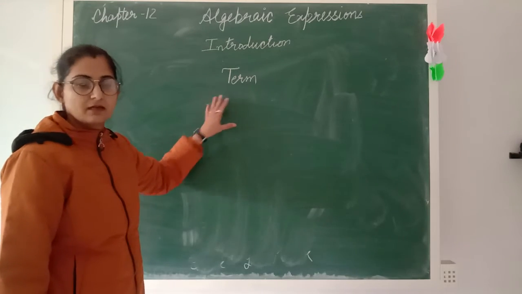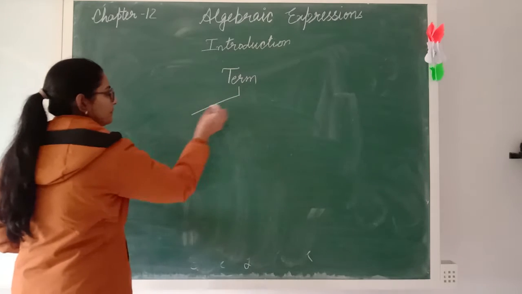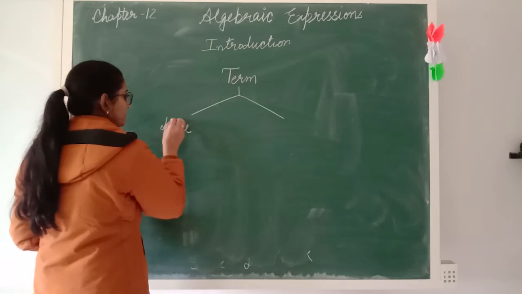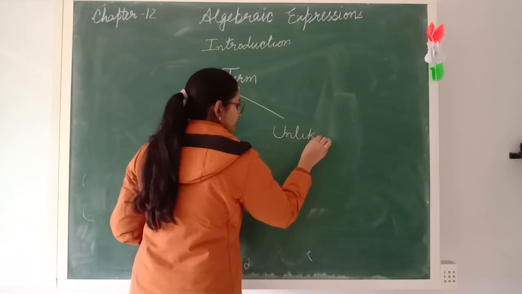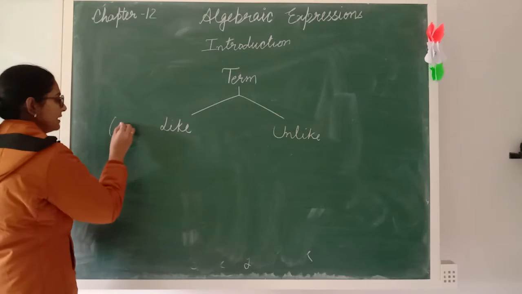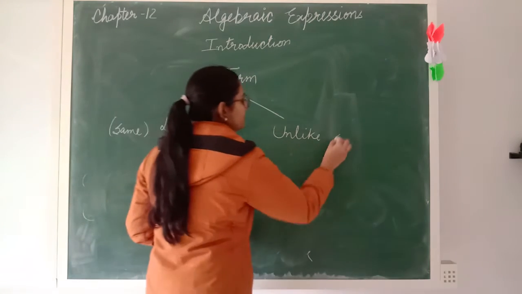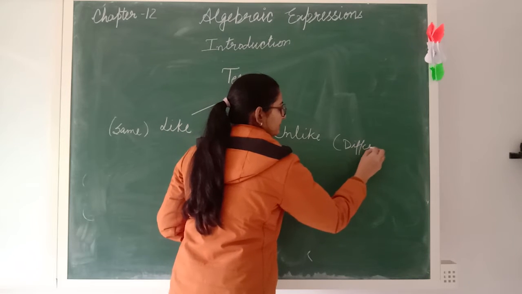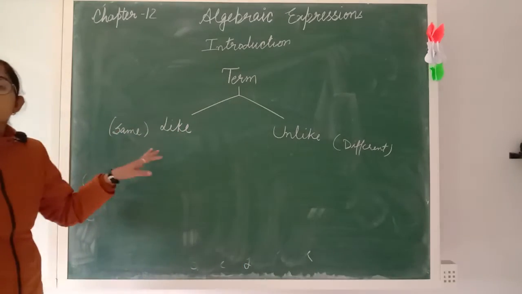Okay, so our next topic is term. We have two types of terms. First is like terms, second is unlike terms. Like means same, unlike means different. Like terms means the same terms.